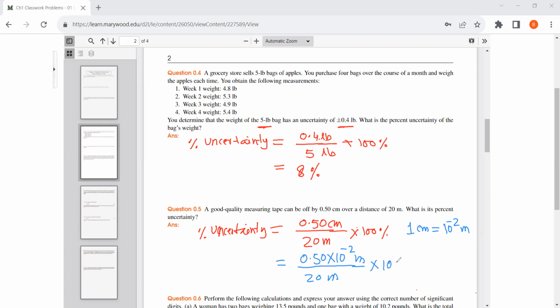Now it's easy. Because they're in the same unit, you can do this operation. So your result will be this. The uncertainty here is 0.025%. All right.